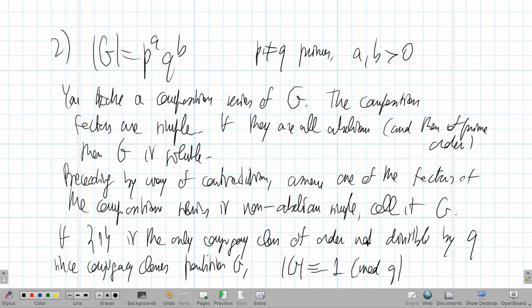Because all the conjugacy classes have order divisible by q except this class, okay? And this, of course, doesn't fit with the fact that the order of G is divisible by q. So q does not divide the order of G, contradiction, okay? So it means that 1 is not the only conjugacy class of order not divisible by q.